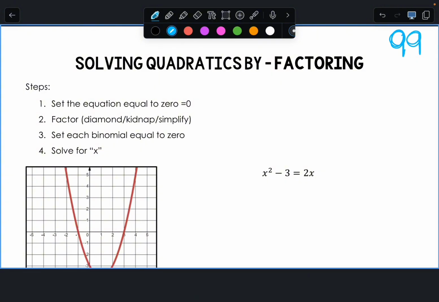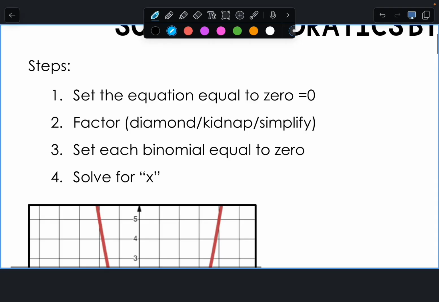Diamond, kidnap, and simplify. Not simplify. What was the 3rd method that we learned other than diamond and kidnap? Simplify is when you have to double simplify it, like if your fraction gets smaller. There was one more.